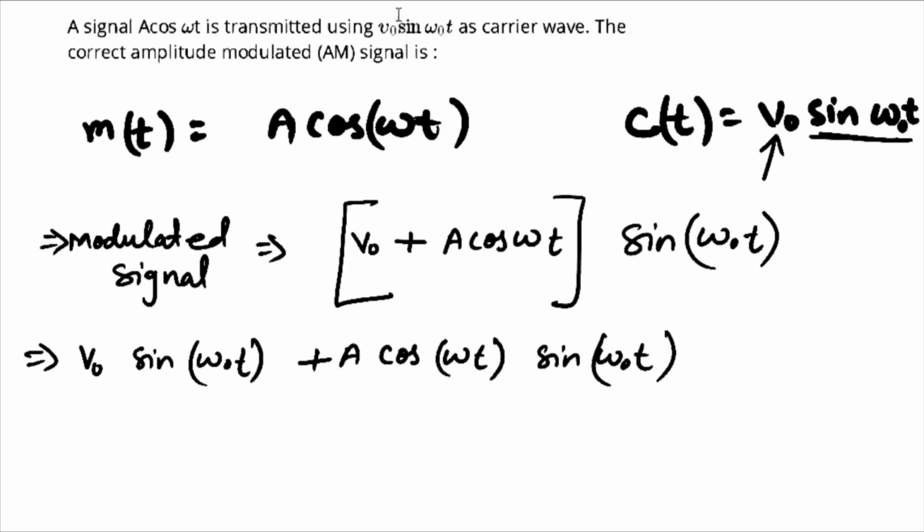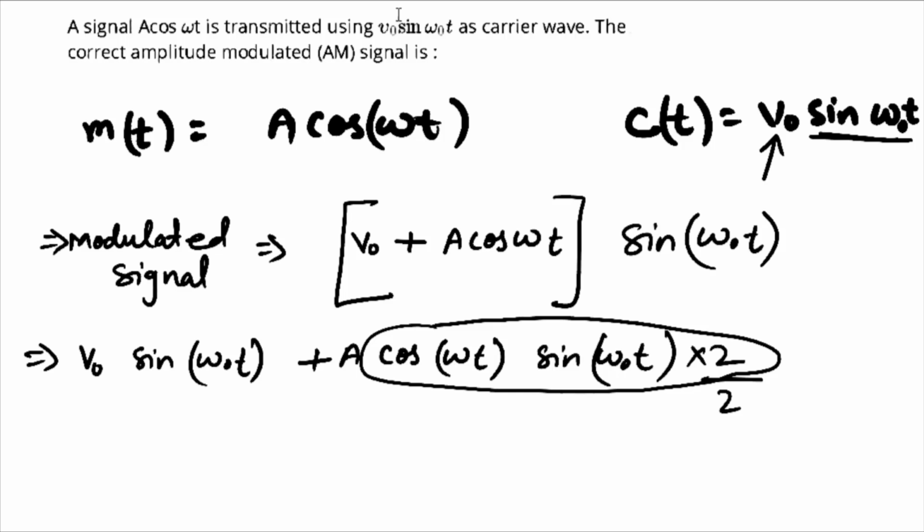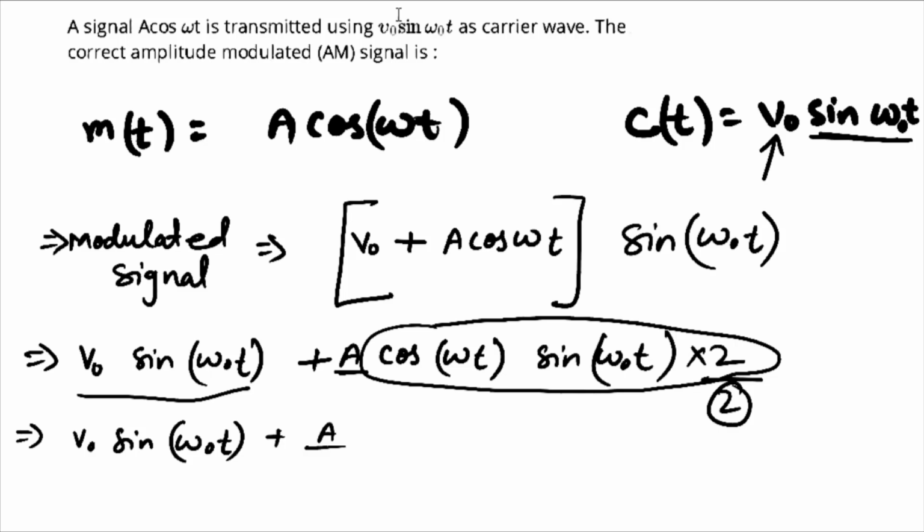And this is basically nothing but, when we multiply by 2 and divide by 2, the trigonometric formula 2 sine A cos B. It will be V naught sine of omega naught t as it is, and this 2 will be divided with A, so A by 2, and 2 sine A cos B will be equal to sine of A plus B, it means omega naught plus omega into t.